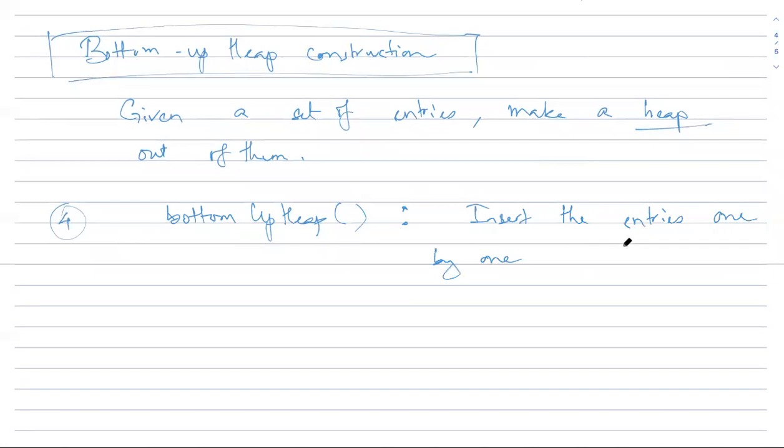So if you have got n entries, in the worst case, it would be n log n. Because every time you are introducing an entry at the end, that may involve the bubble up operation, which is log n, and you are entering n times, therefore n log n.